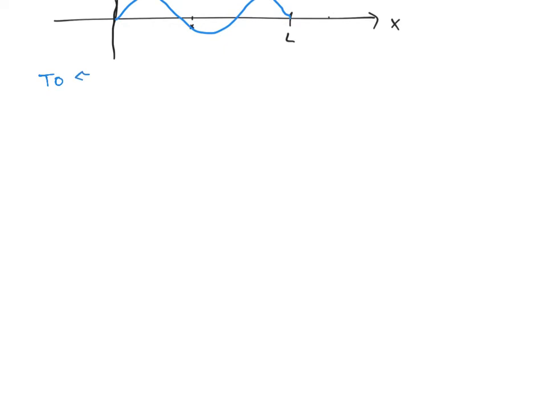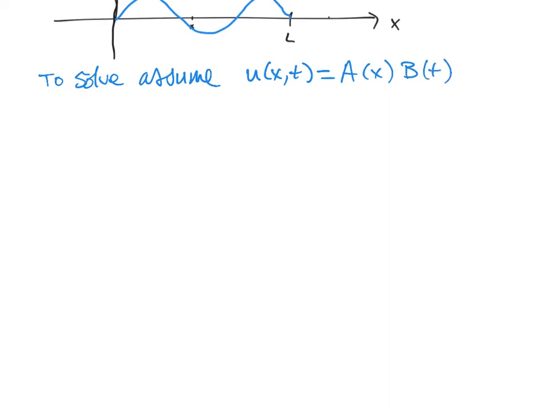To solve, we are again going to assume that we can write u of x, t as some function of x times a function of t. And if we plug this into the equation, then on the left-hand side, we had two time derivatives, so that just gives us A of x times B double prime.